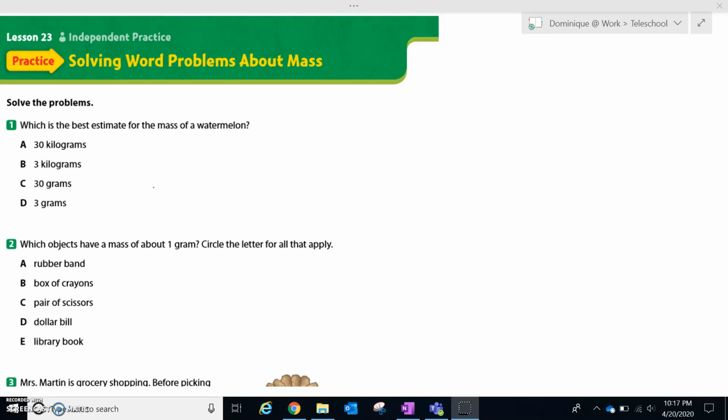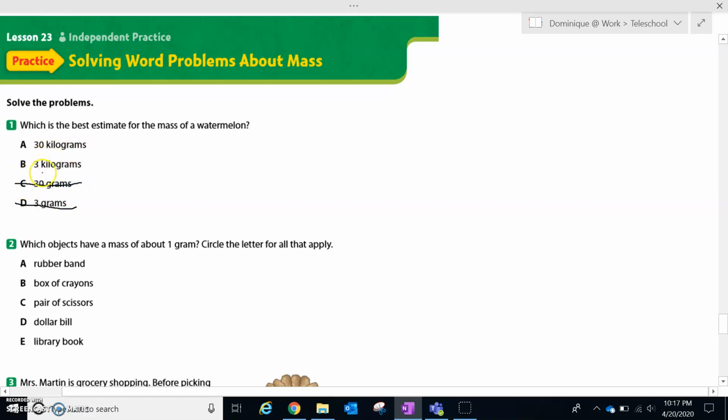So right off the bat, which ones do we know we can get rid of? Let's do some process of elimination. Well, if a paper clip equals 1 gram, we already know a watermelon is pretty heavy, and it's much heavier than a paper clip. So we can get rid of D, and we can get rid of C.